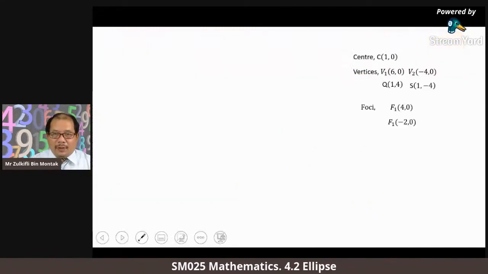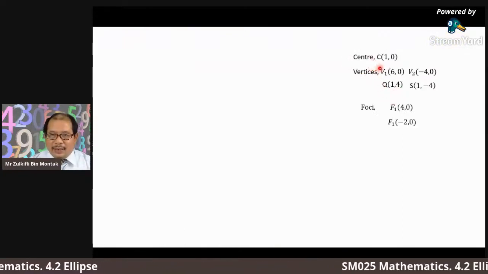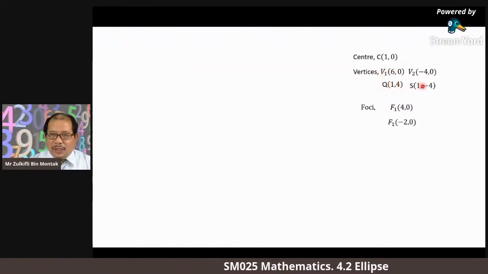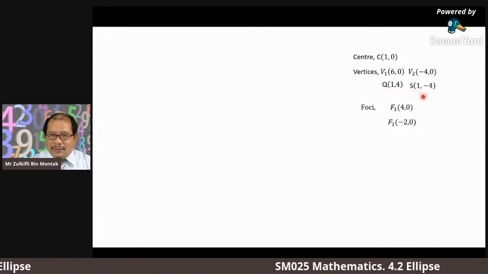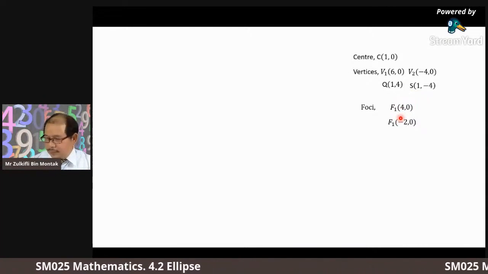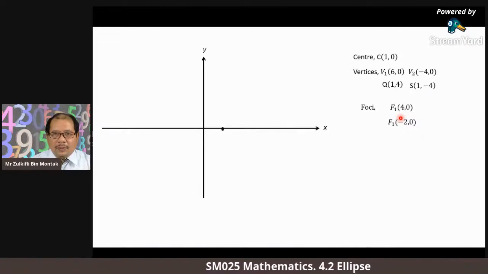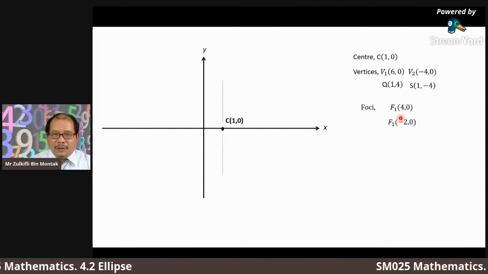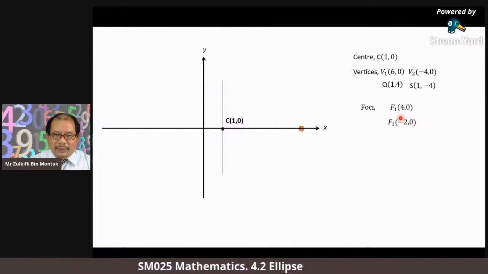Now sketch the graph with the previous data: center (1, 0), vertices (6, 0) and (negative 4, 0), the other vertices at the minor axis (1, 4) and (1, negative 4), and foci (4, 0) and (negative 2, 0). We can plot the graph. This is the center (1, 0). You draw the line passing through the center.